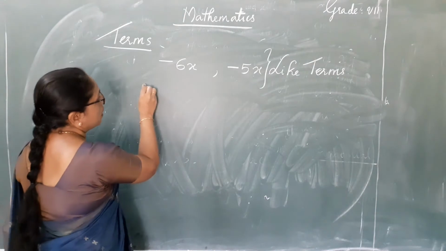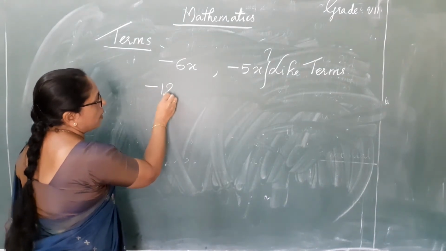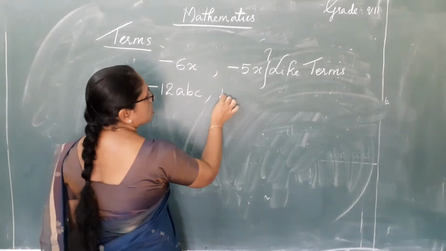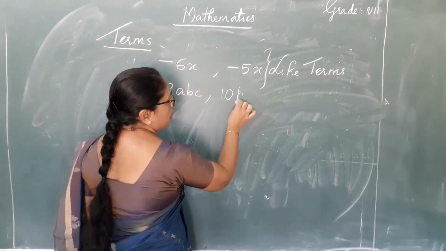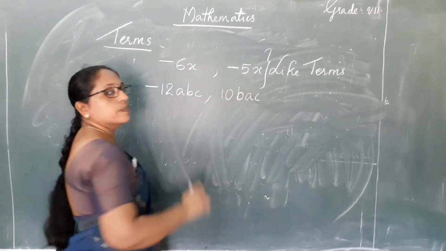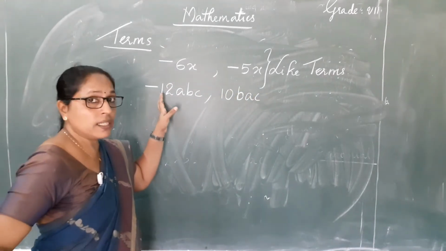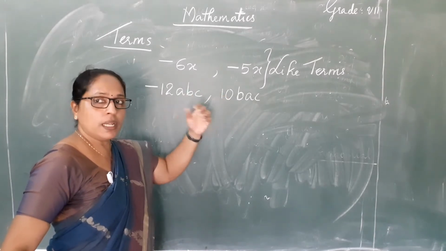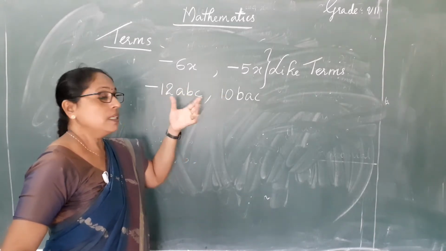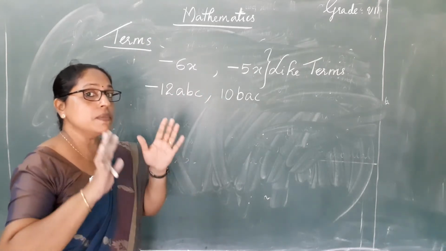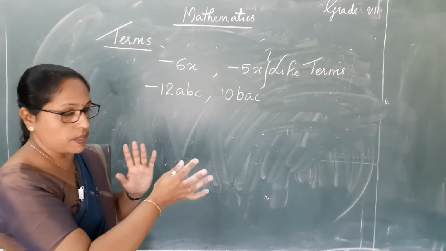Another example, negative 12ABC and 10BAC. So check the literal coefficients. We don't have to check the numerical coefficients. Numerical coefficients may change, but the literal coefficients have to be checked carefully, whether they have come same in both the terms.